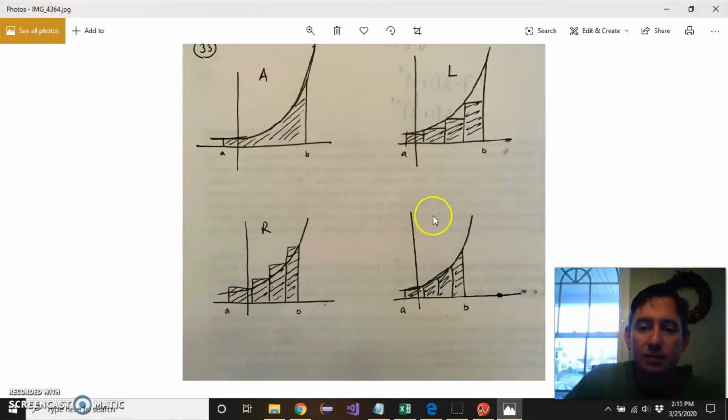Also, I didn't label this T before I took the picture, but I know that looks pretty exact, but there is a little extra area at the top of every single trapezoid. So this one's also high, but not quite as much as any right Riemann sum is going to be. So L definitely looks like the lowest. A is exact, T is a little high and R is very high.